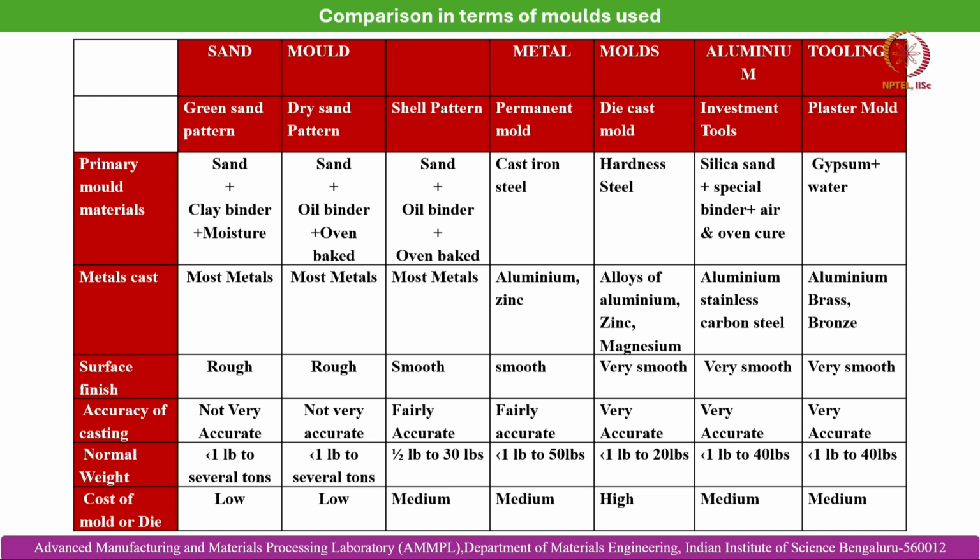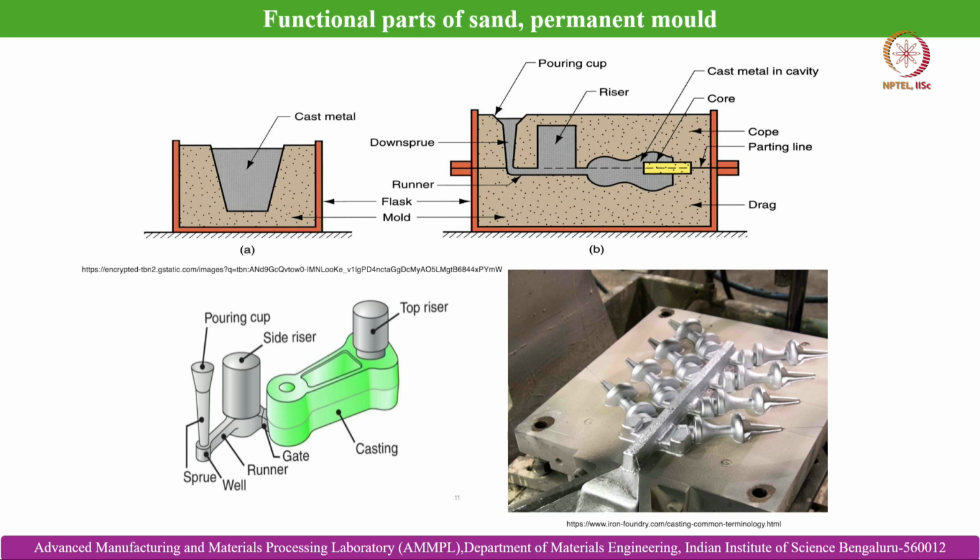Here there is a summary presented between different mold materials and the type of metals cast using the individual mold materials. With this, we are now going to show you some basics of the gating arrangement and die geometry within the mold cavity. This is an example of a typical mold cavity, and you can see there are several functional parts.